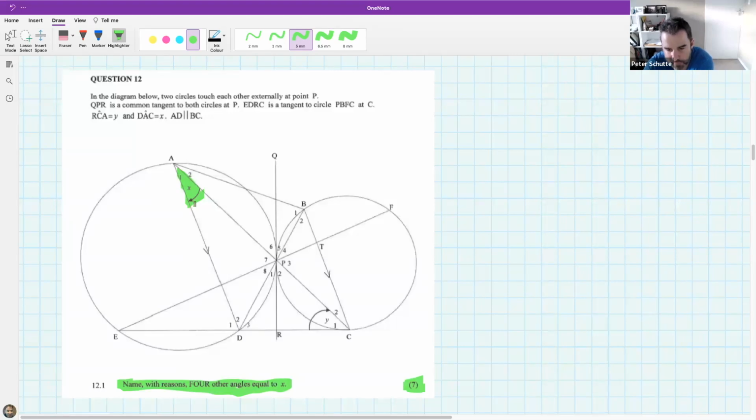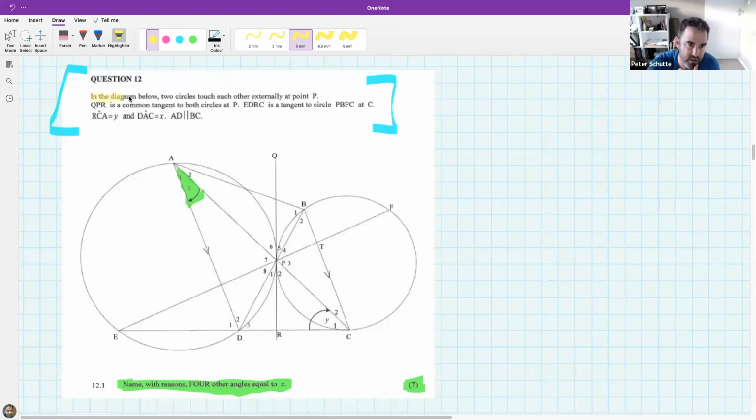The diagram is a bit more complicated, so there's a bit more detail in the diagram. And also we have this extra bit of text at the top, which explains what is going on in the diagram. So what I like to do with this is I go through the thing.